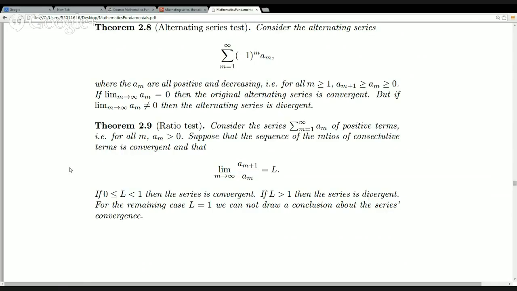So we're going to look at the limit as m goes to infinity of a_(m+1) over a_m, as before. So a_(m+1) will be (m plus 1) factorial over 3 to the power m plus 1, and dividing by a_m means multiplying by 3 to the power m over m factorial.